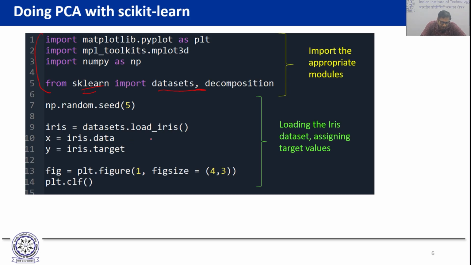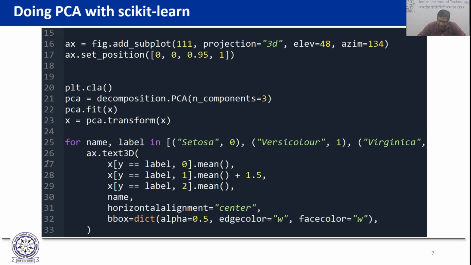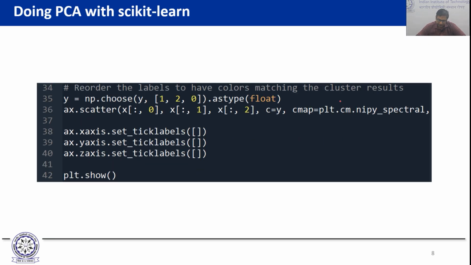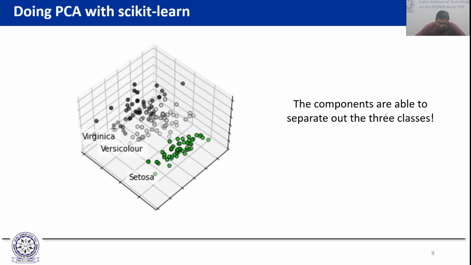So from this iris data set, we will now have the X, which is basically the data and the features, and then the Y, which is basically the target value when we are trying to do the principal component analysis. Okay. After that, we are setting up the script for doing the principal component analysis with 3 principal components. Okay, and then we will essentially go ahead and plot it out. And so as we plot it out, you will get a plot which looks like this.